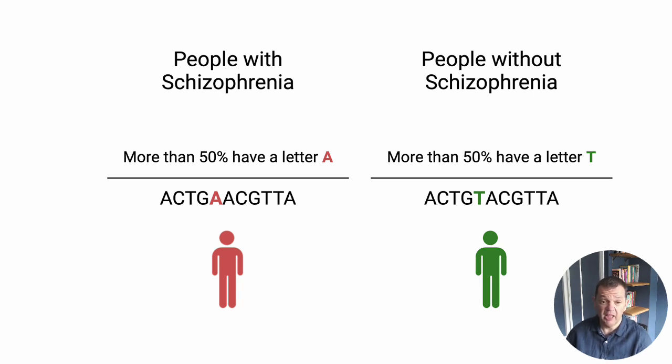It's more common in people with schizophrenia. And sometimes that can provide clues as to what the causes of schizophrenia are, or what treatments people might respond to in future. So there's a lot of us interested in this area and whether these letters tell us about what happens in people with schizophrenia, or indeed any mental illness, and how that might help us diagnose it, how it might help us treat people with the condition in future.